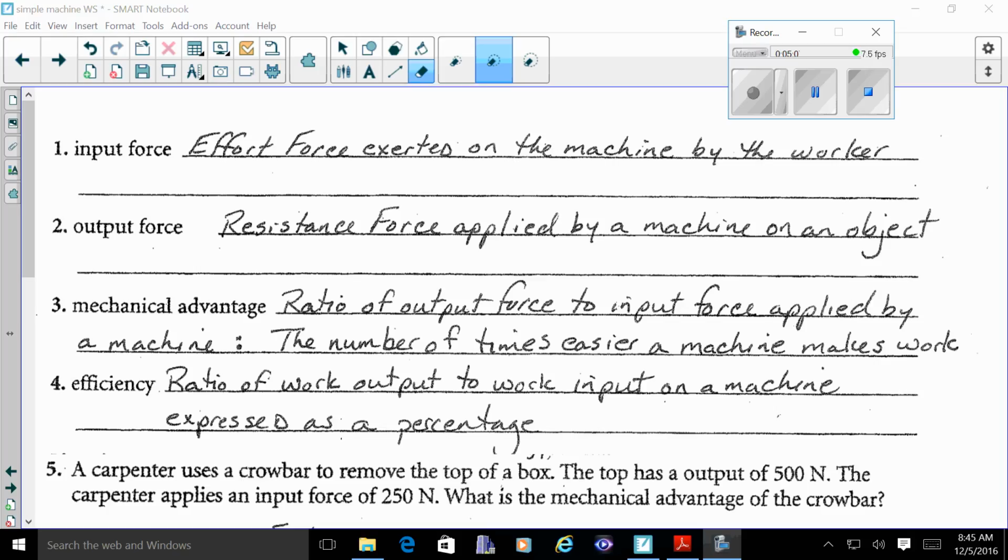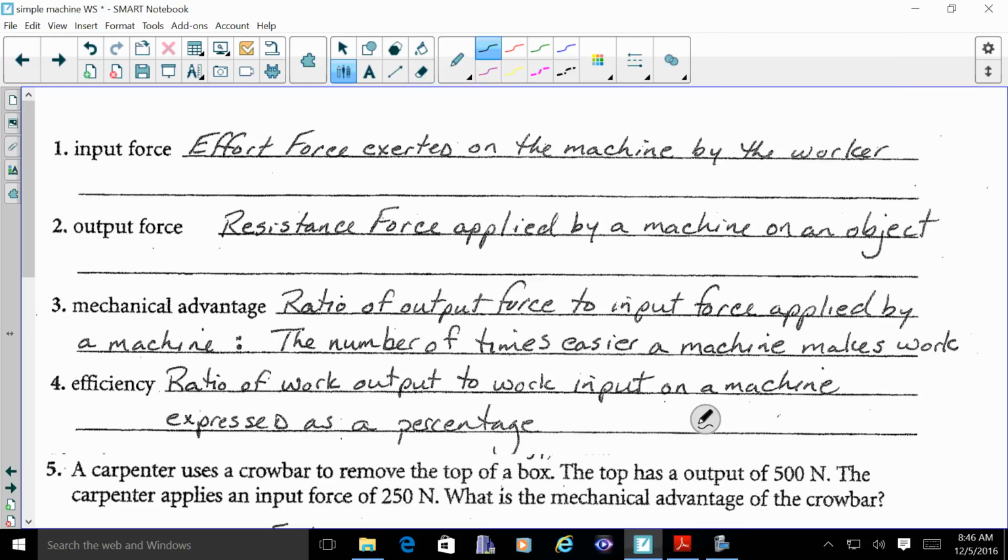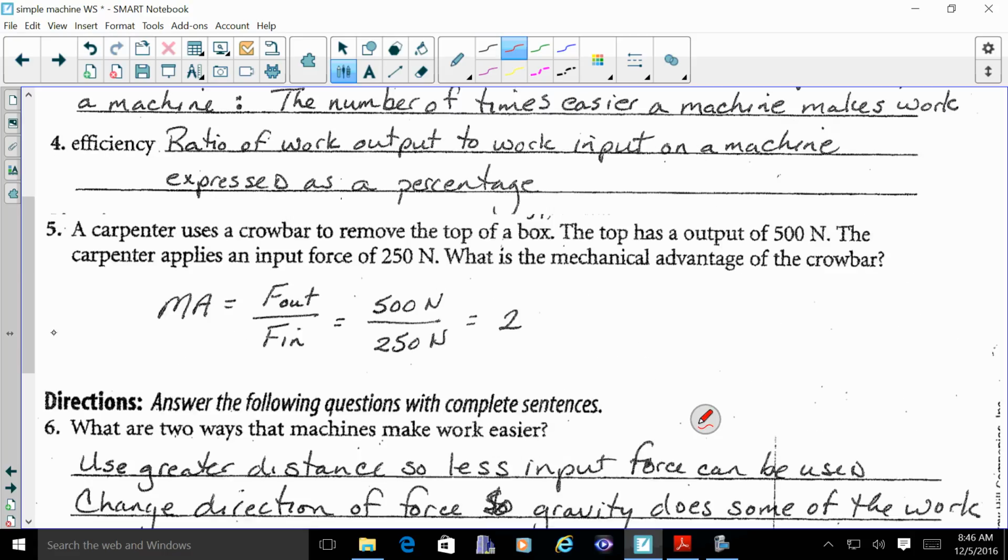And the efficiency is going to be the work out compared to the work in. You can never get more work out of a machine than you put in, because that would be disobeying the law of conservation of energy. So the ratio of work out to work in on a machine expressed as a percentage is your efficiency.